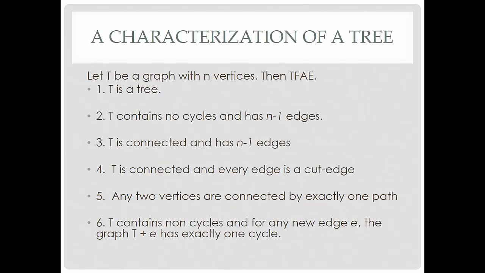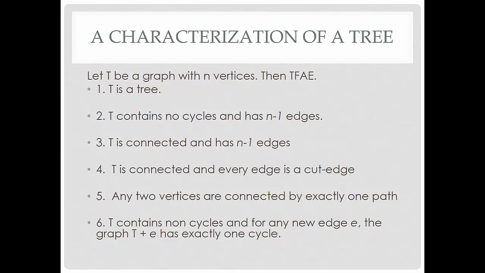So this theorem is a characterization of a tree. It says let T be a graph with n vertices, and then the following are equivalent. So what that means is I can pick any 2 of these statements and make an if and only if statement out of those 2.